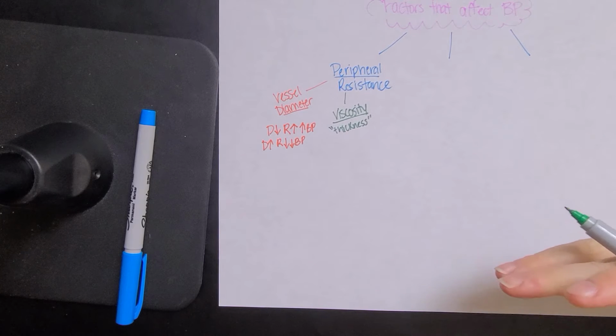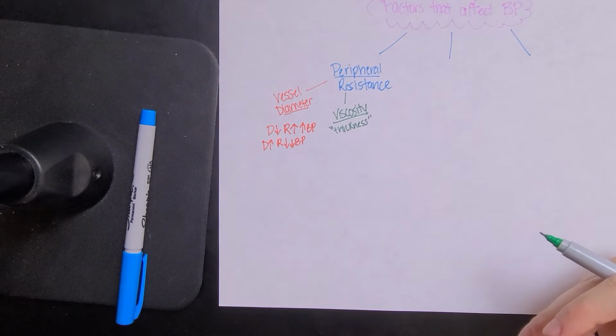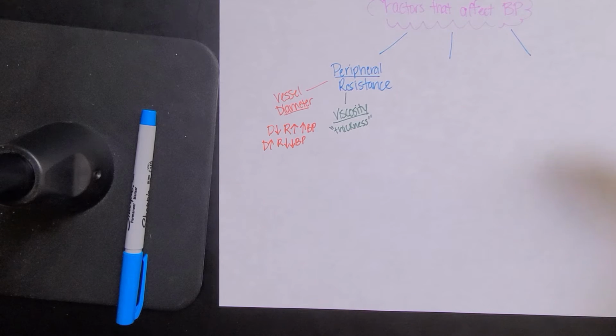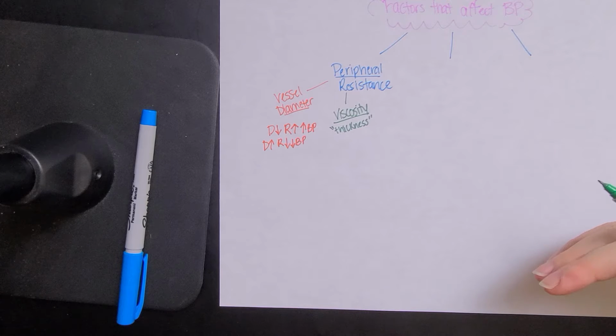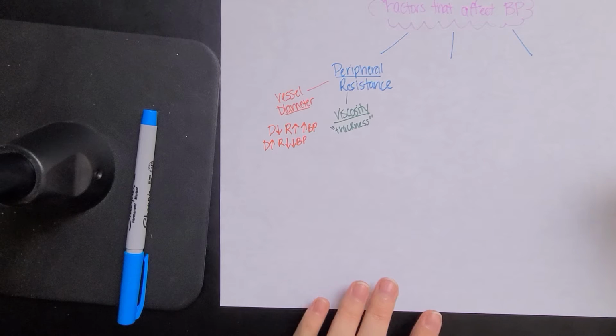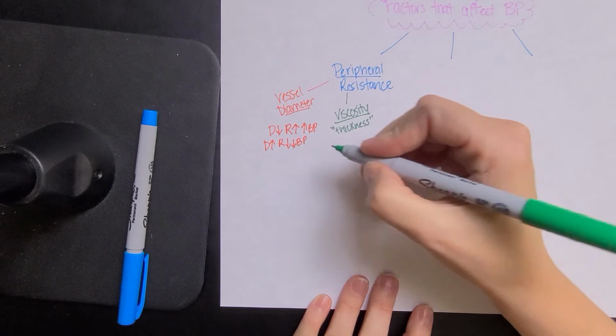People that drink a lot of water and are very well hydrated are going to have a different blood viscosity than someone who is dehydrated, right? Someone who is dehydrated might not have as much blood volume, might not have as much plasma in their blood, and therefore will have a very viscous, thick blood compared to someone who has lots and lots of water in their system.